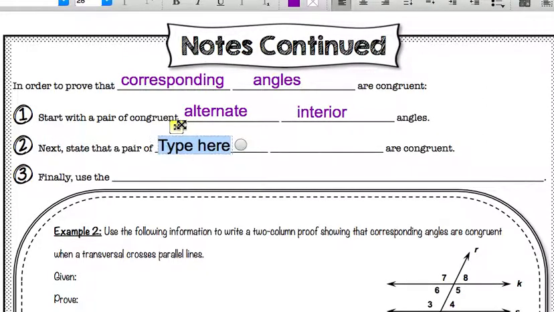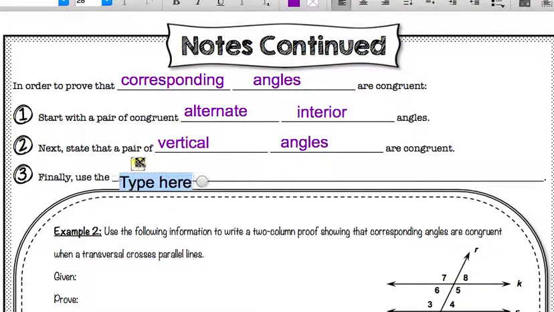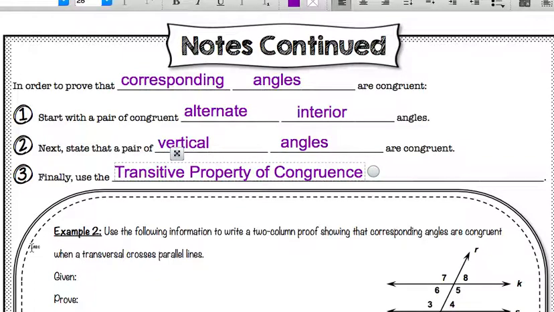Then state that a pair of vertical angles are congruent, and then use the transitive property of congruence. Here's the example down here.